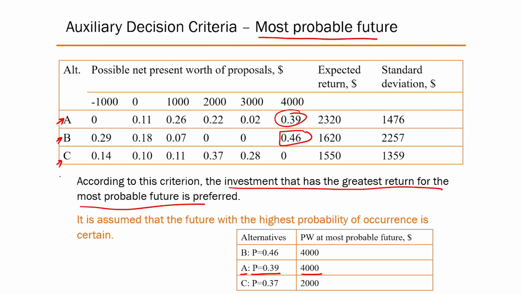And with C, what is the most probable future? $2,000. So between A and B, which is preferred according to this? B, because it has a 46% chance, which is 7% higher compared to A. So in this particular case, B becomes a better alternative, and both of them are simultaneously better than C.